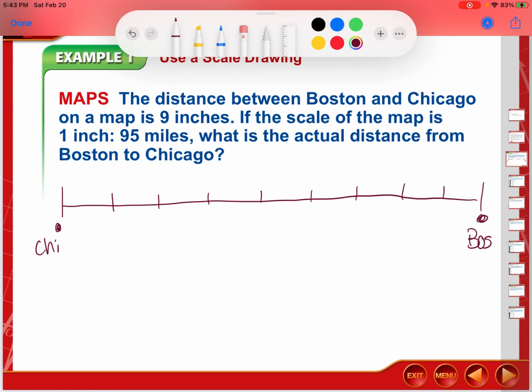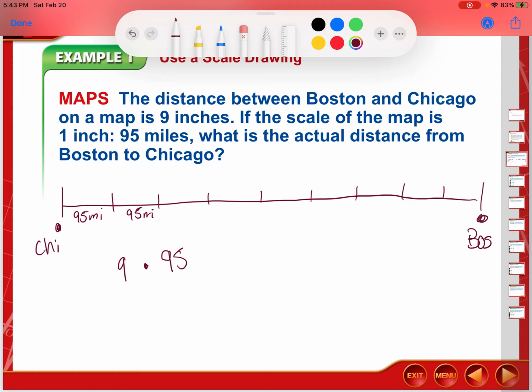So what this scale says is for every inch, we actually have 95 miles. So in order to find the actual distance, we could add 95 together 9 times, or we could just say 9 inches, 1 inch equals 95 miles.